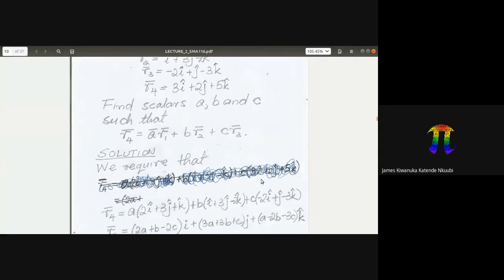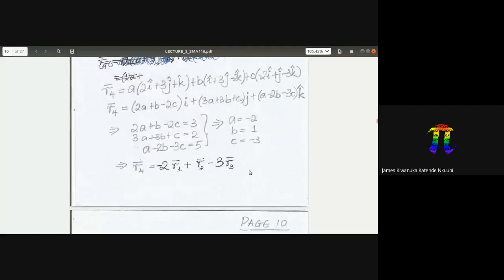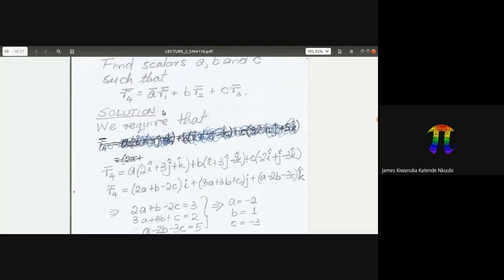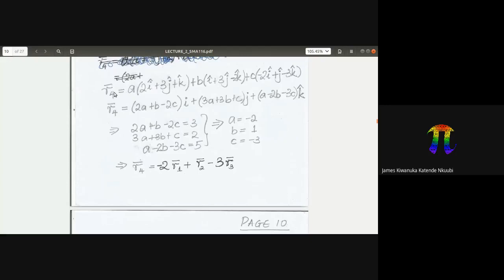So the best way is simply to find the values of aR1, bR2, and cR3, and then equate to R4 and compare the coefficients. So that's what we have done here. This is a multiplied by R1, b multiplied by R2, and c multiplied by R3. So we pick all the like terms together.